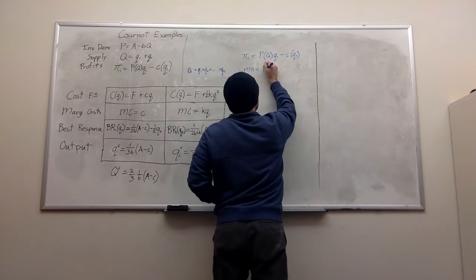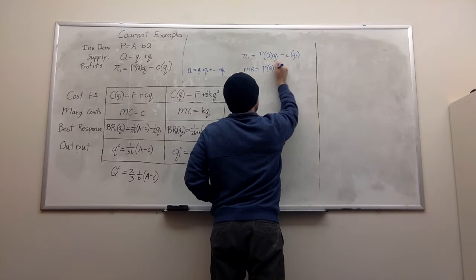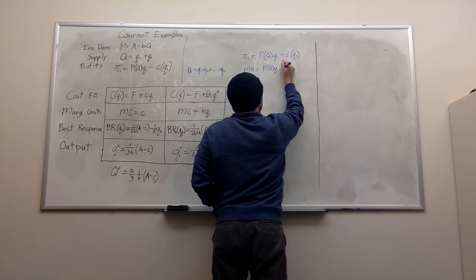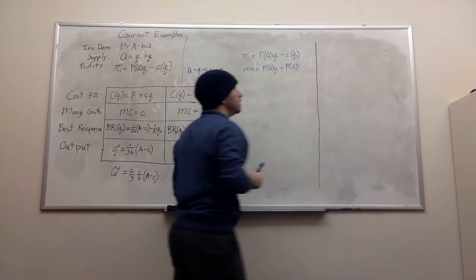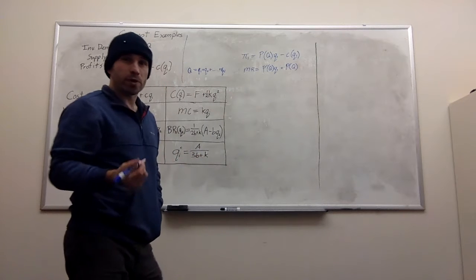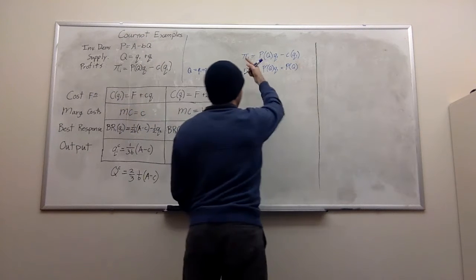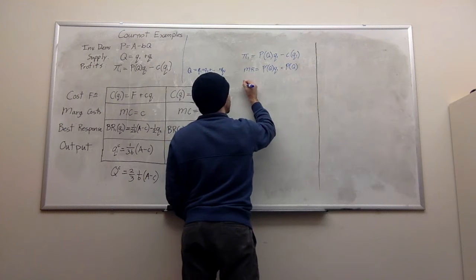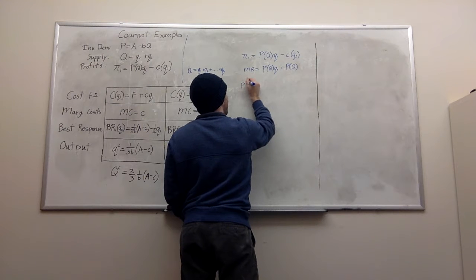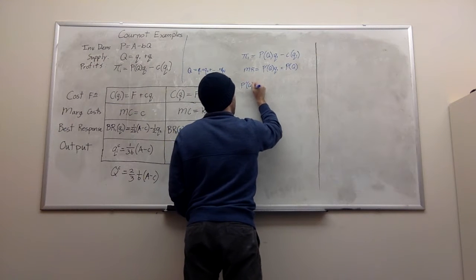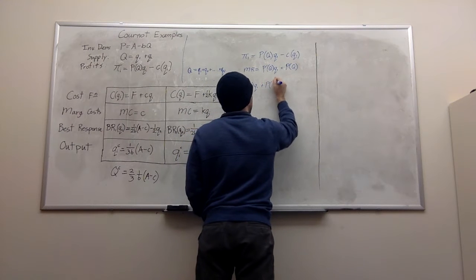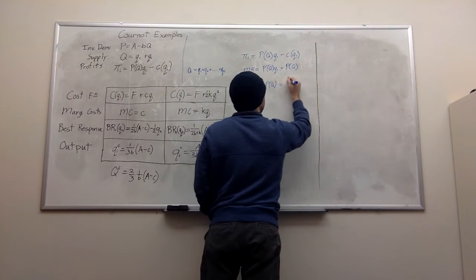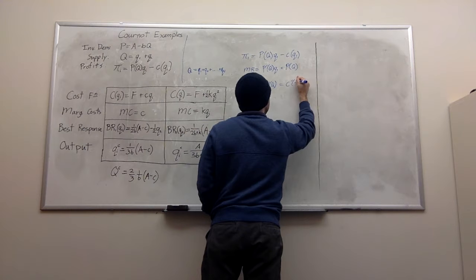So marginal revenue is P prime of Q times little q1 plus P of Q. Therefore, the profit maximizing condition for firm 1 is P prime of Q times Q1 plus P of Q equal to C prime of Q, or marginal cost.